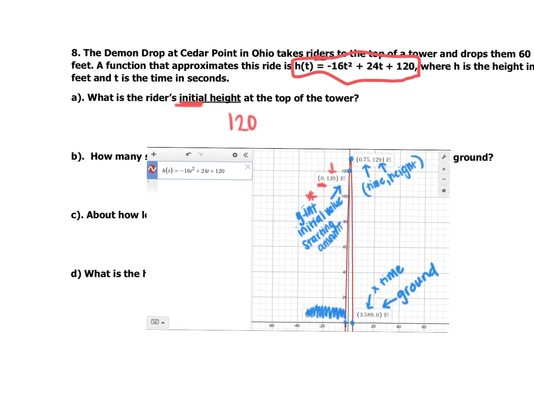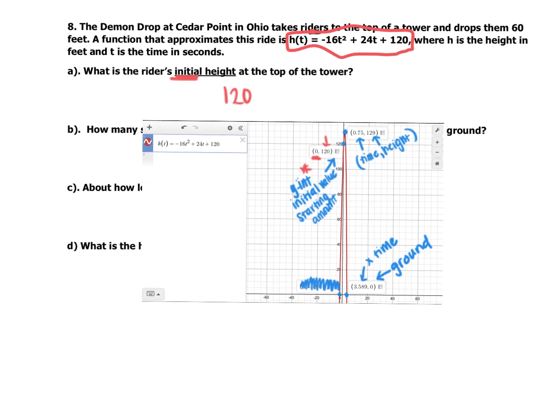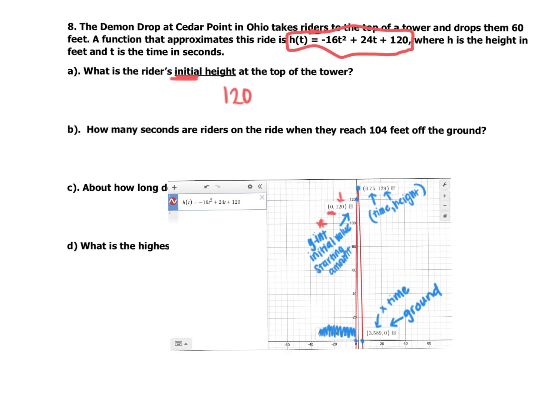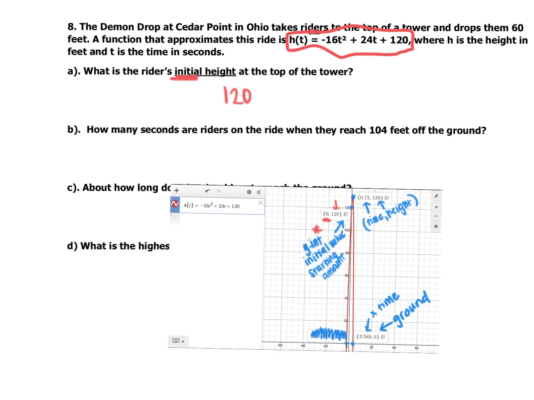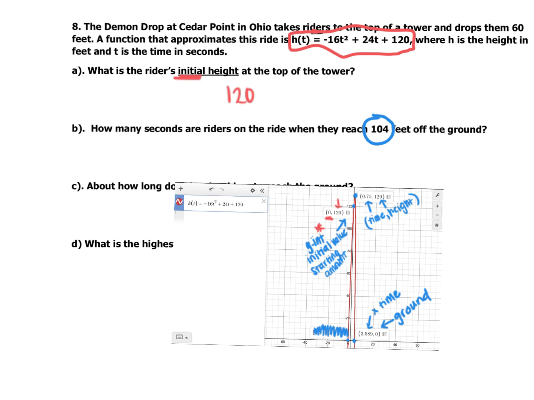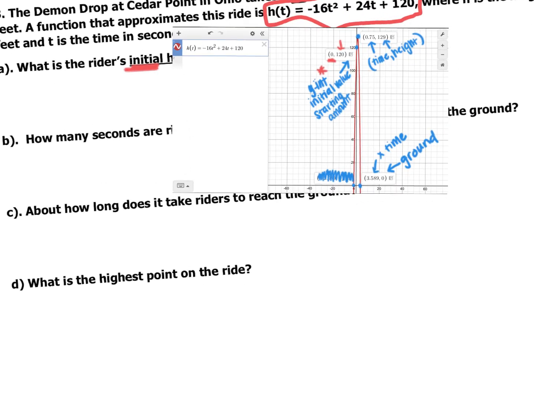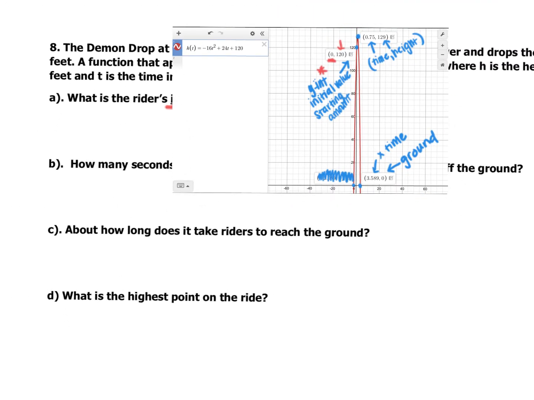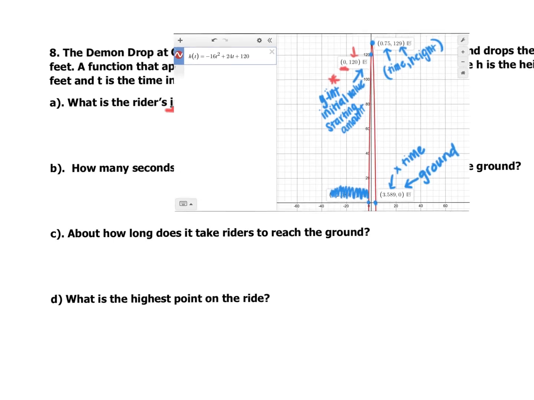All right, let's look at question number 2. Question number 2 says, how many seconds are the riders on the ride when they reach 104 feet? Well, we don't see any 104 on our graph, so we're going to come back to that one. Let's hold off for a second and look at C. C says, how long does it take for the riders to reach the ground?